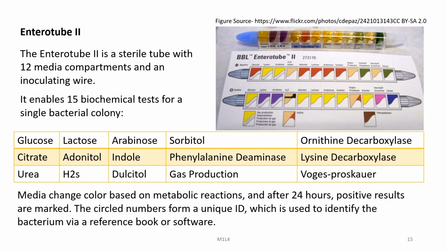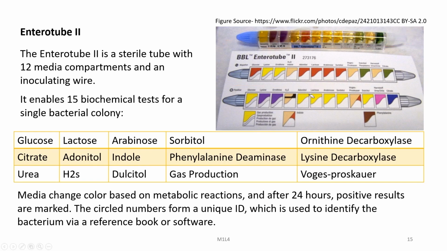For example, these provide us with the capability to test for glucose, lactose, arabinose, sorbitol, and also enzymes like ornithine decarboxylase, phenylalanine deaminase, lysine decarboxylase, or we can even look into the production of urea, other gas productions, and also dulcitol, etc. So, in simple terms, you can see here the various media compartments, and there is certain color coding provided in the leaflet.